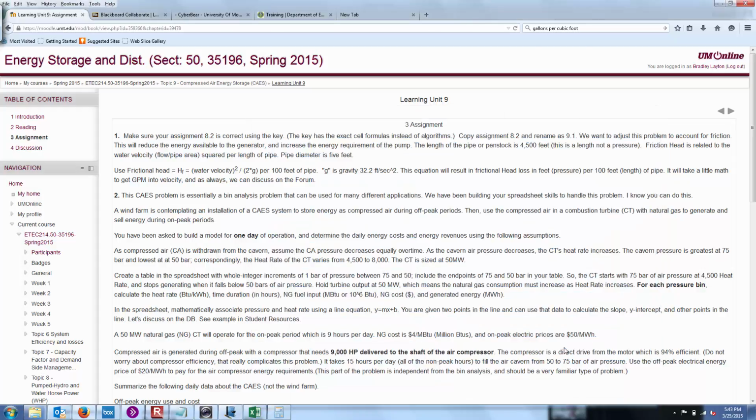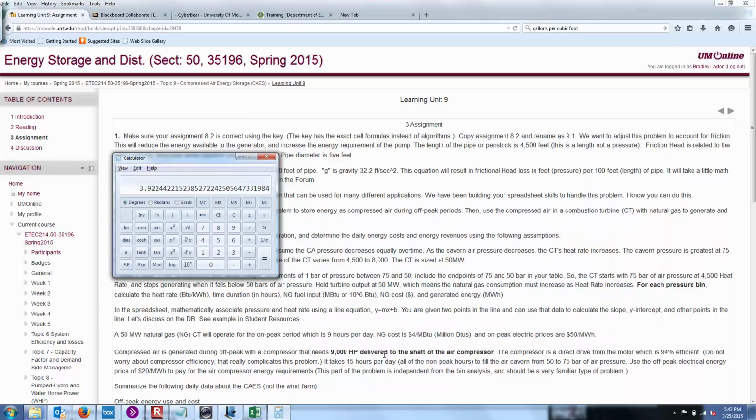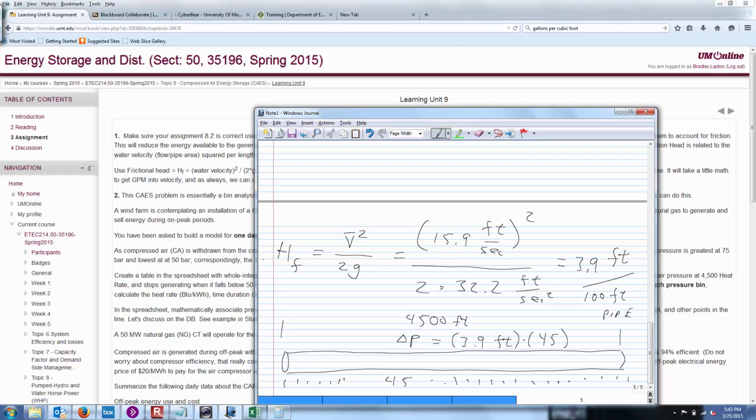So 3.9, let's go back to our calculator, times 45 equals, so we're losing a lot of pressure, 177 PSI, or 177 feet.